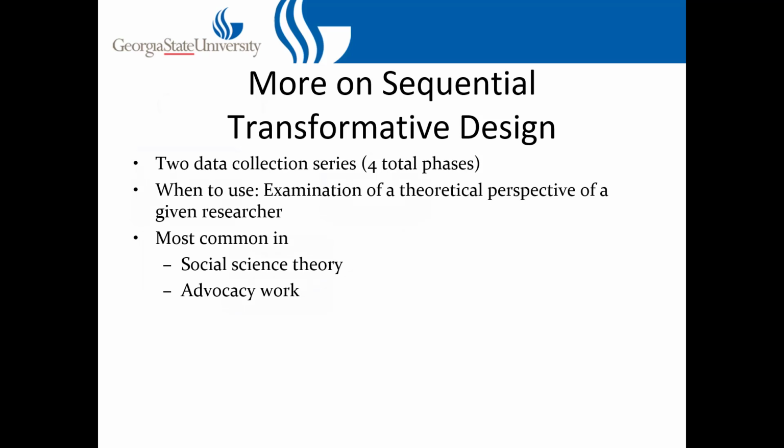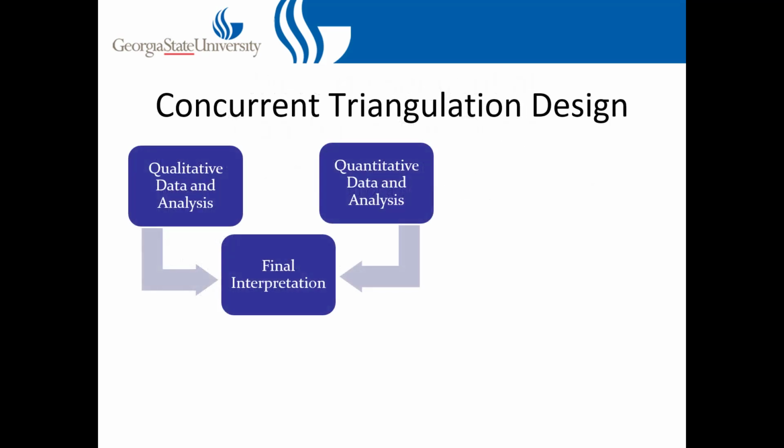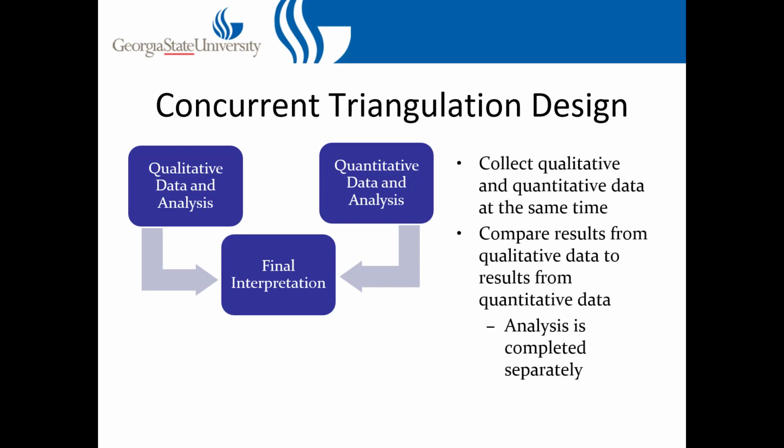So the last design I want to talk about is called a concurrent triangulation design. So this is when you collect both qualitative data and quantitative data at the same time. So this is going to be different than any other type of design we've seen because it has one data collection period. So what do you do with this?